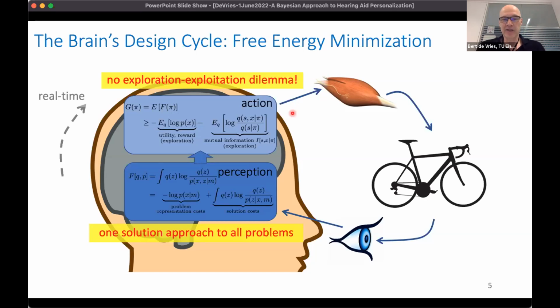That means they maximize information gain; they are epistemic, they seek information.